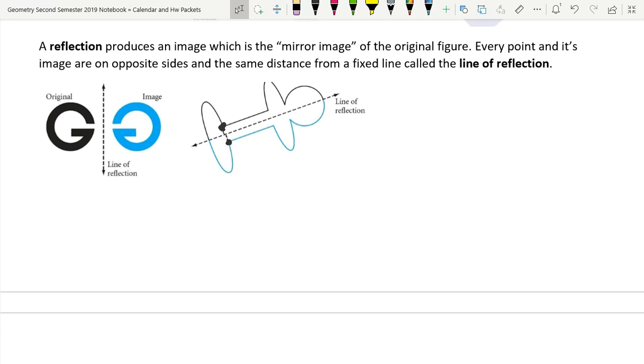So if you have a line here and a point, let's say this is called A, and then the image of that, we'll call A prime. It's 2 away here, so it's going to be 2 away here, exactly opposite on that line of reflection, just like you were to fold it over and the crease would be that line. That's a reflection.